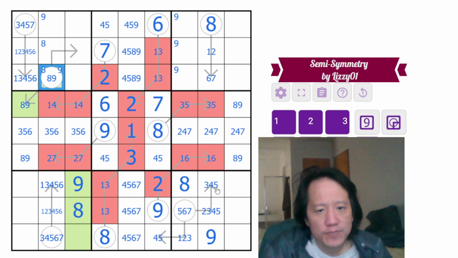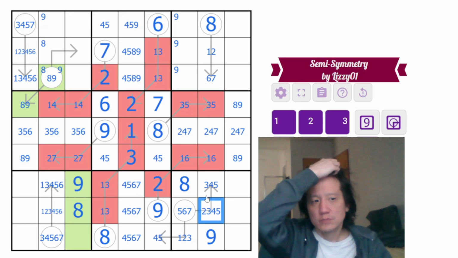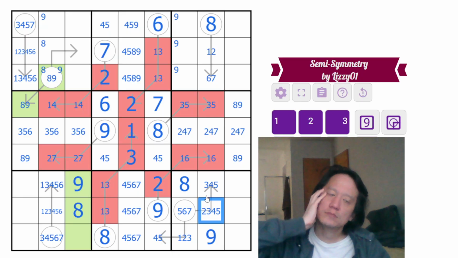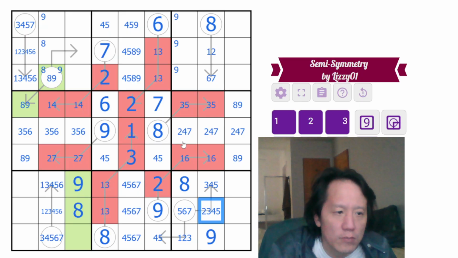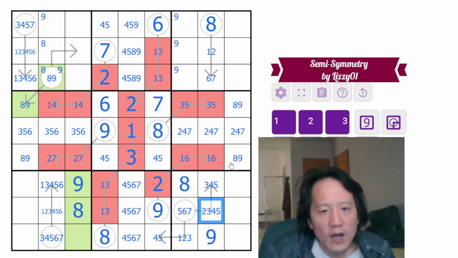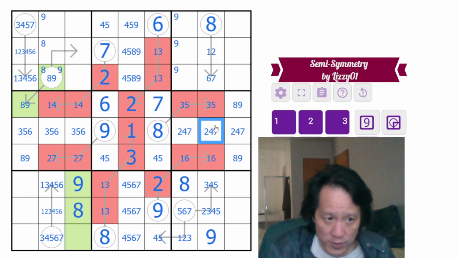Let's see. This can't be 2 and 4. If this is 2 and 4, this becomes 7.